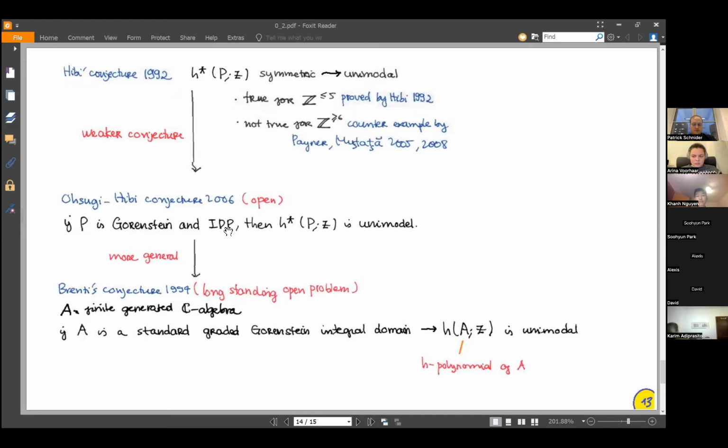So our main theorem gives a certain class of symmetric polynomials that has IDP. It means that we give a certain class of symmetric polynomials that satisfies the condition of the Ohsugi-Hibi conjecture.